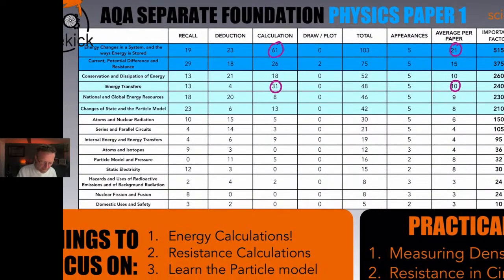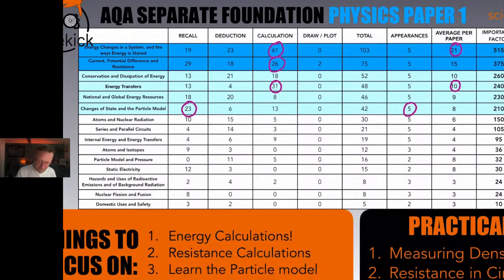Next up, resistance calculations, no surprise here. So current and resistance and potential difference, being able to calculate resistance in different parts of the circuit, and knowing your equations for those is going to be really handy. And then lastly, learn the particle model. Lots of information there about changes of state in the particle model.